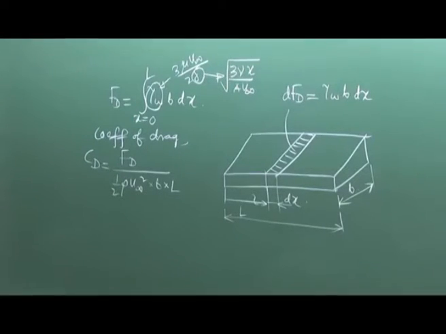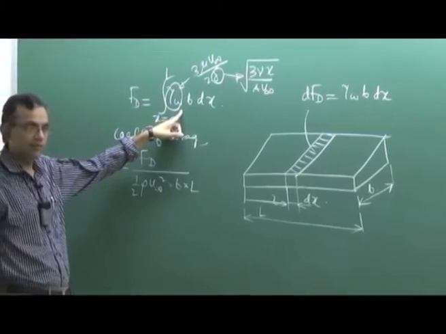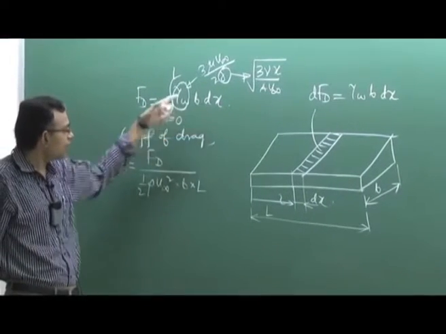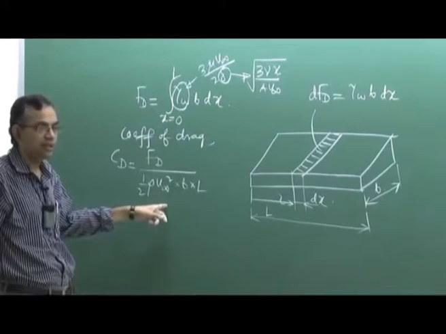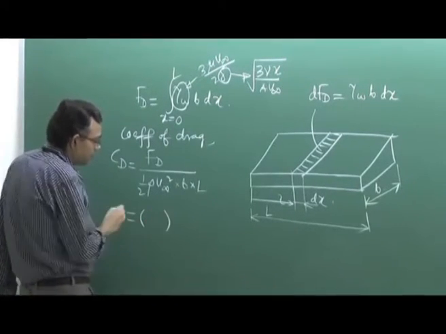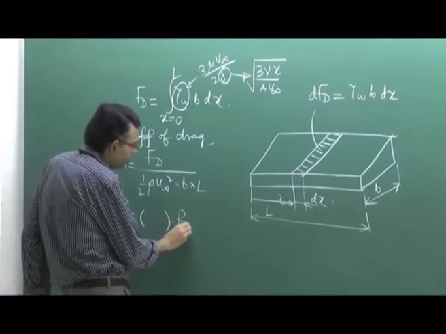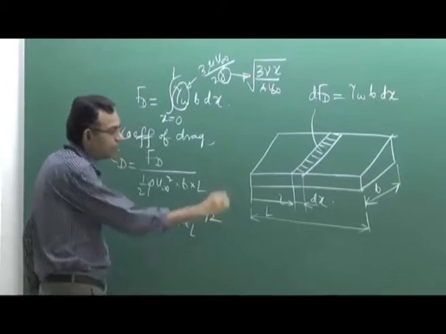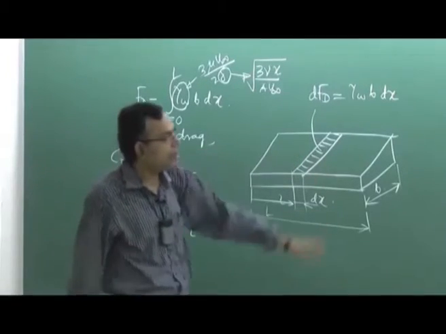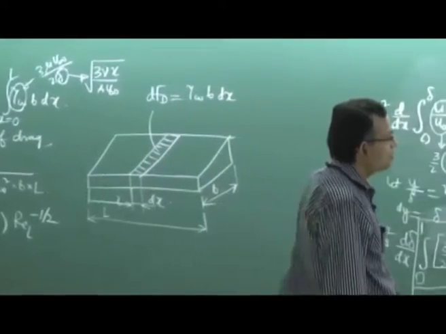So it is finally a polynomial function of x that you integrate with respect to x. If you do this, then you will come to see that this is equal to a coefficient into Reynolds number to the power minus half. That coefficient is typically double of that, 0.646.